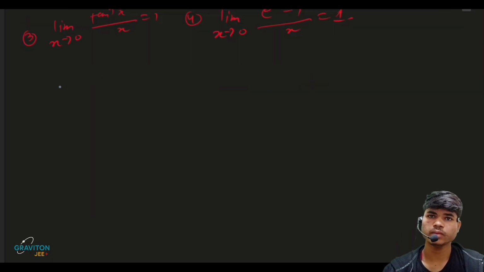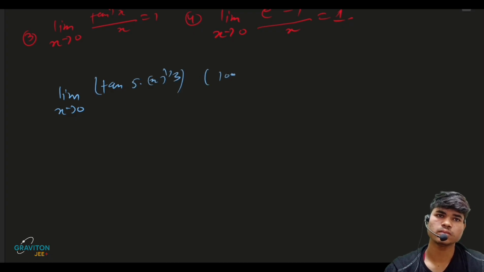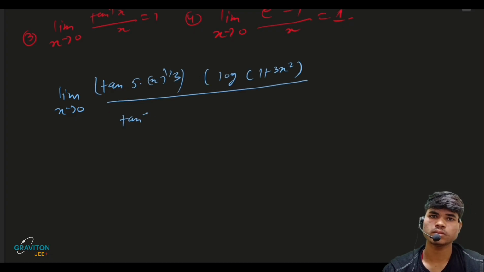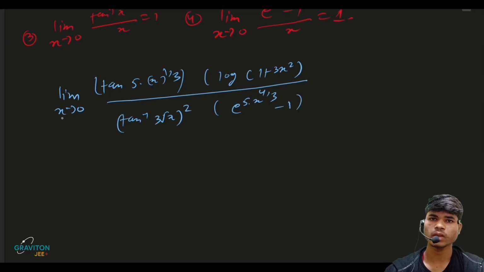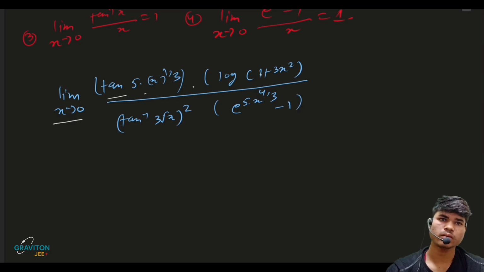So we have limit x tends to 0 tan 5 into x to the power 1 by 3 into log of 1 plus 3x square, all divided by tan inverse 3 root x whole square into e to the power 5 into x to the power 4 by 3 minus 1.